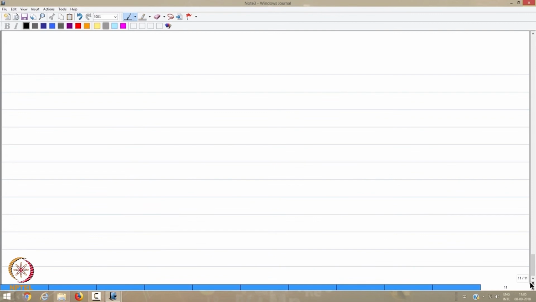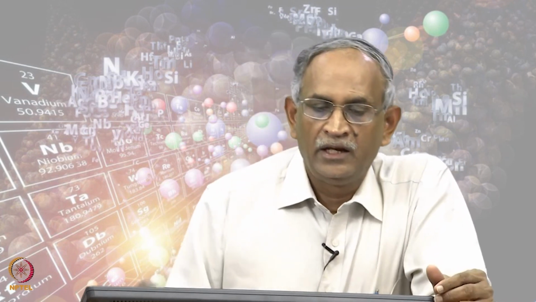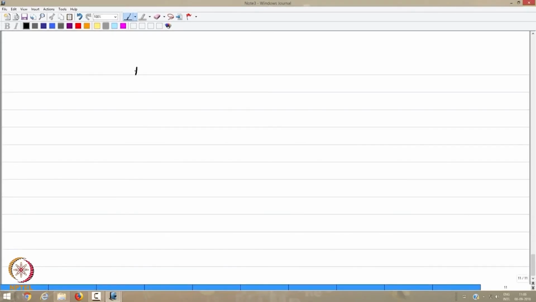Okay. Now, we will get into an extremely important problem in both spectroscopy and in quantum chemistry, namely the interaction between two spin half systems.